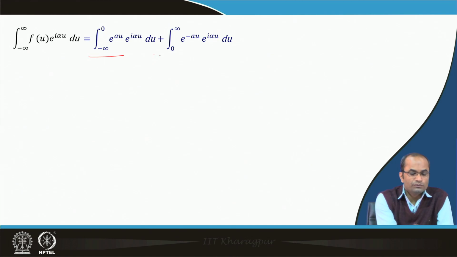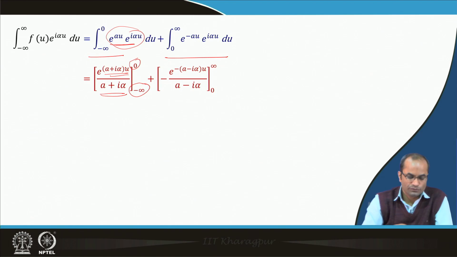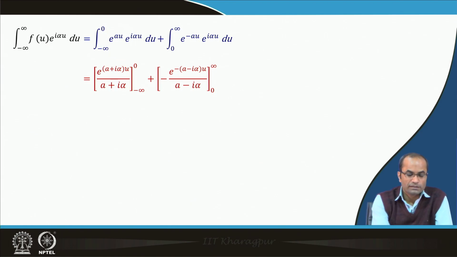So, we have these two integrals and the first one we can combine because it is an exponential function. So, e power (a plus I alpha) u, and when integrated, we have a plus I alpha in the denominator and e power (a plus I alpha) u, and the limits we have to substitute from minus infinity to 0.